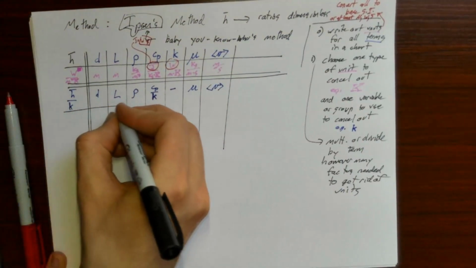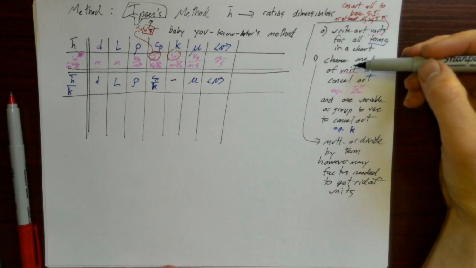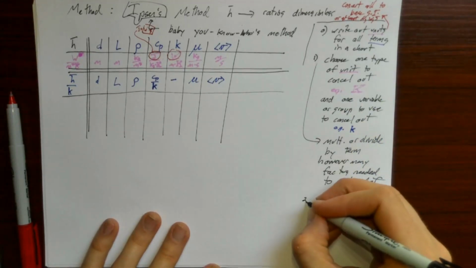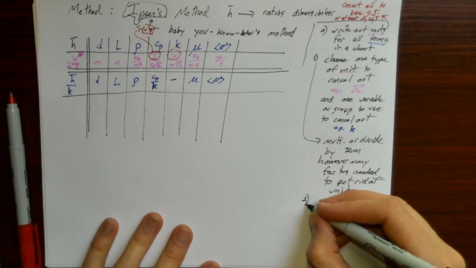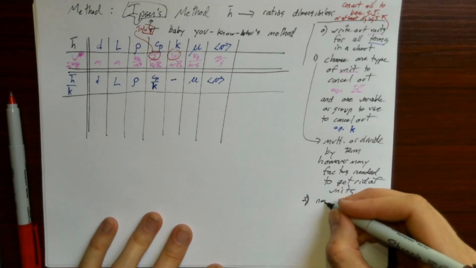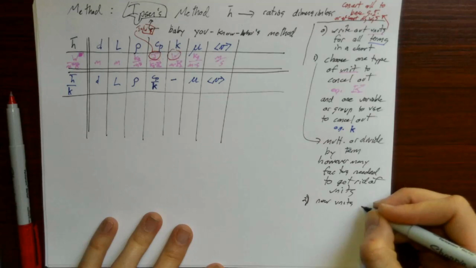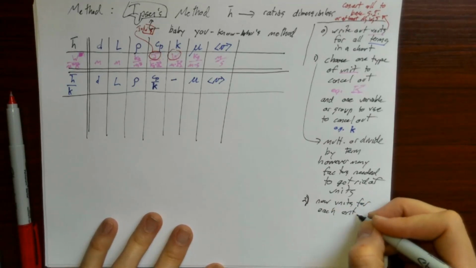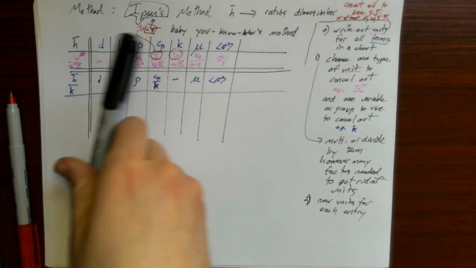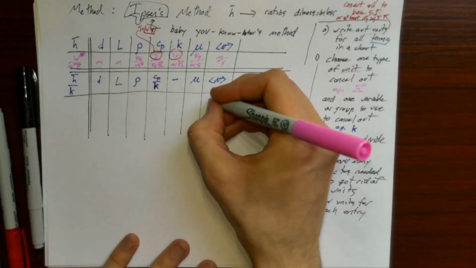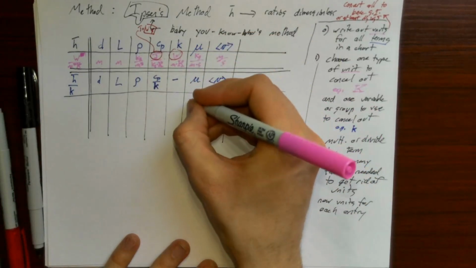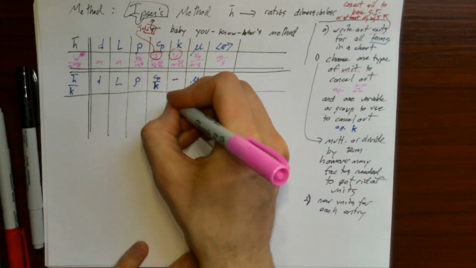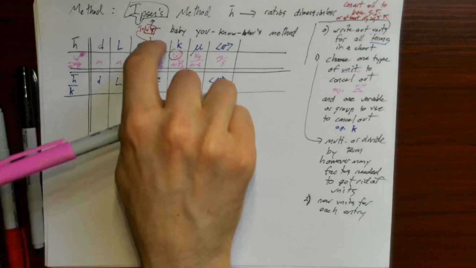So I choose one type of unit to cancel out, and one variable. The next step is to look at the new units for each entry. The velocity is unchanged. That's still meters per second. Viscosity is unchanged. It's still kilograms per meter second. K has been eliminated from contention.